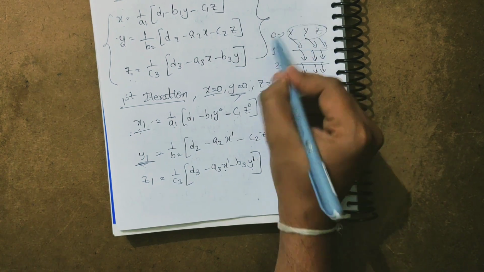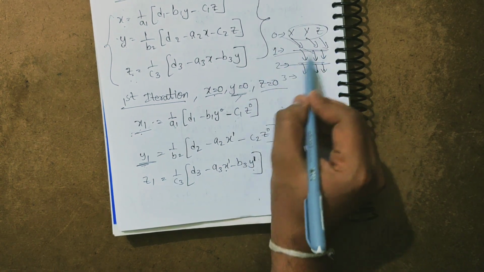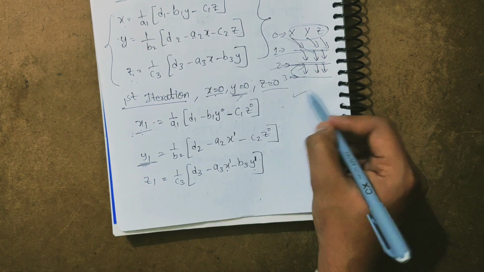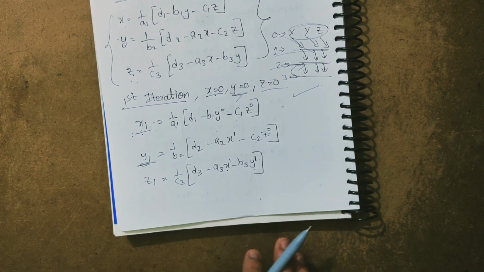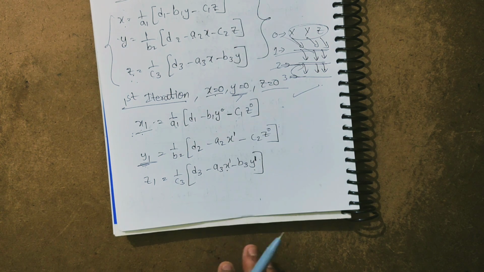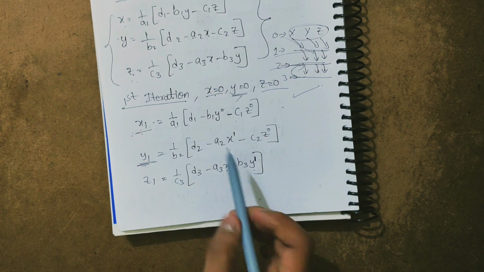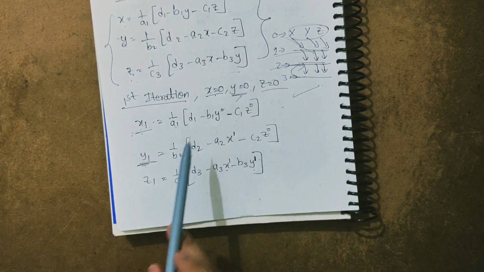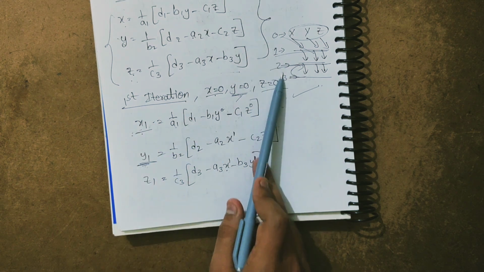Okay, we shouldn't always take these same things. For every step, the values will be updated. Hence, we take the just-before values. So we have already seen what the Gauss Seidel iteration method is, how we are finding x, y, z values like this, and how we are taking them for the first iteration, second iteration, third iteration.